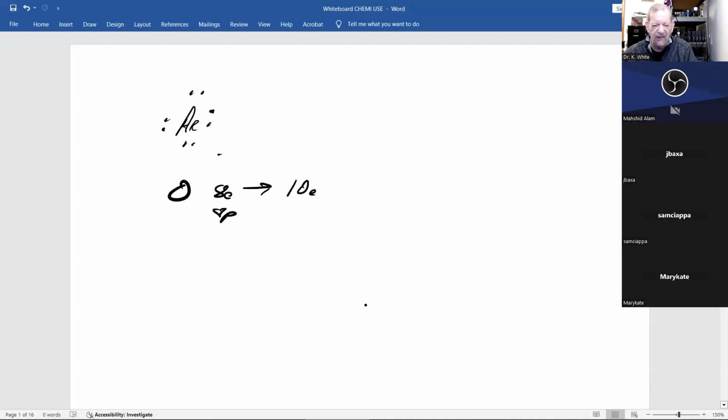It will still have 8 protons. So there are 10 electrons. Each electron has a -1 charge. There are 8 protons, and each proton has a +1 charge. Do the math: -10 plus 8, add them together, -2.